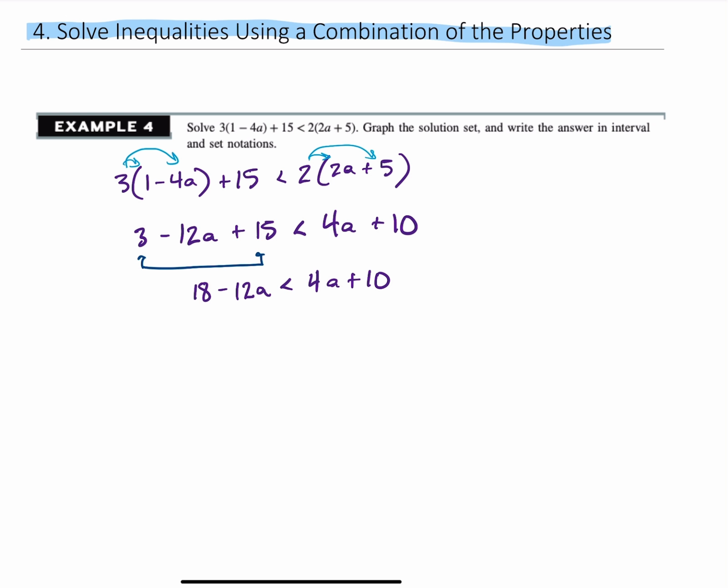Now, let's move this 18 over. It's positive on the left side, so I will subtract it from both sides. Minus 18, minus 18. So I'll be left with on the left side, negative 12a is less than 4a, and then 10 minus 18 will be negative 8.